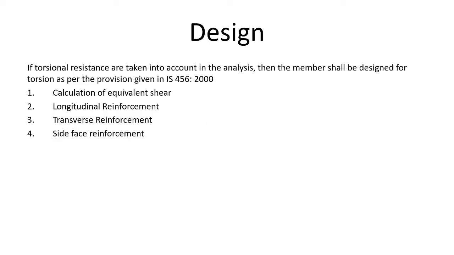So we'll continue with this torsion. Yesterday we saw the various design procedures, which include 4 steps. I think I have covered 2 of them, and the third one partially, not fully. First was calculation of equivalent shear.